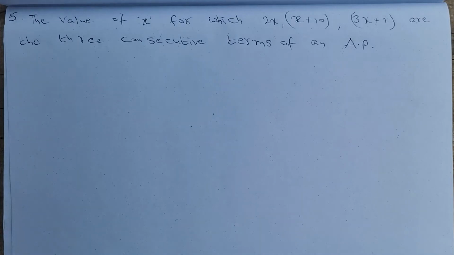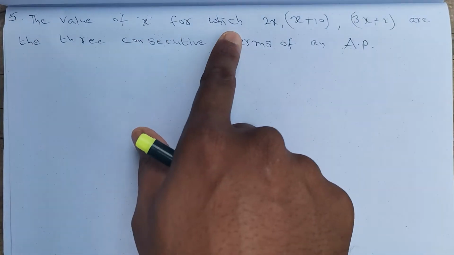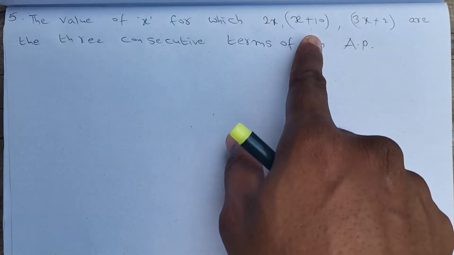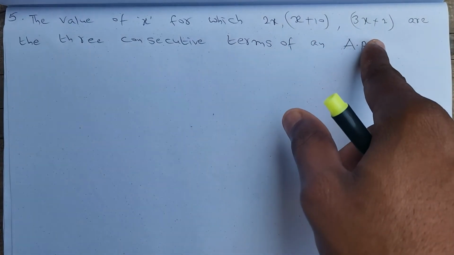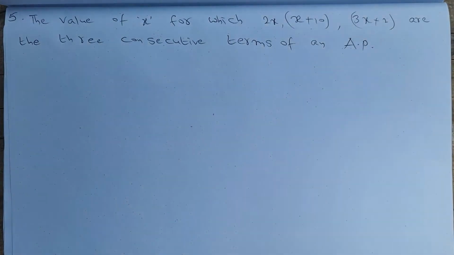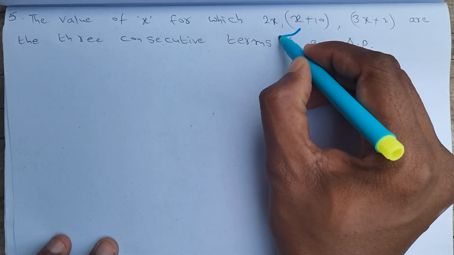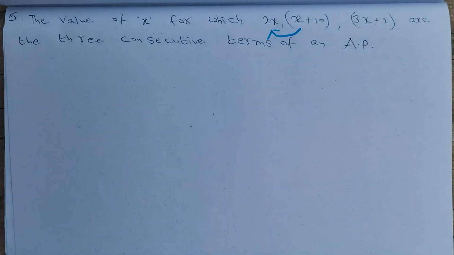Okay, let's have a look at question number 5. The value of x for which 2x, x plus 10, 3x plus 2 are three consecutive terms of an AP. So he clearly mentioned that those three terms are in AP. So it means the common difference is the same. Nothing but second term minus first term.